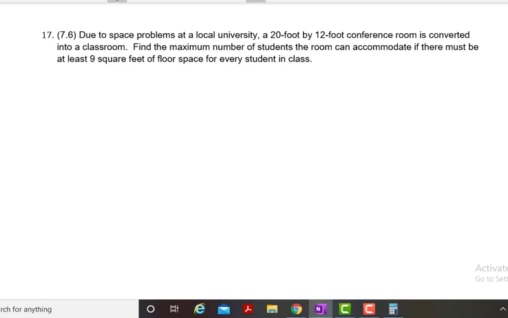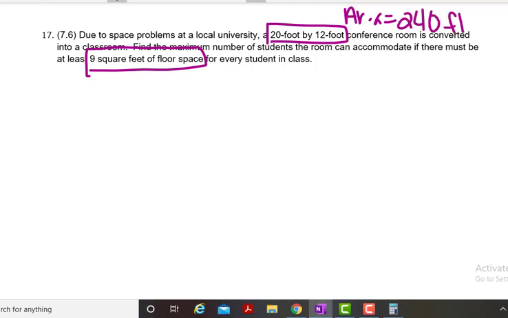So the dimensions are 20 foot by 12 foot. The area of the room is going to be 20 times 12, or 240 square feet.